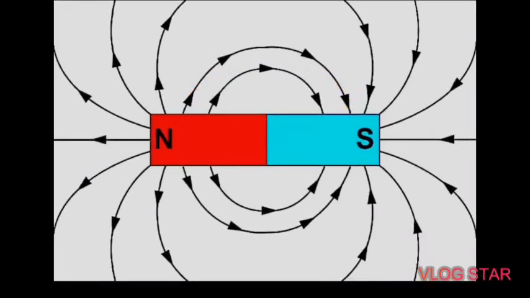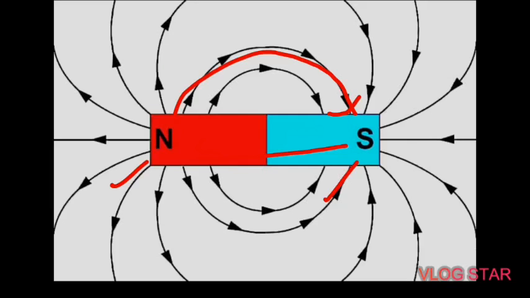So we can say that the permanent magnet has two poles, the first is the north pole and the second is the south pole, and the magnetic flux lines, or magnetic lines of force, move from north to south pole externally and south to north pole internally.